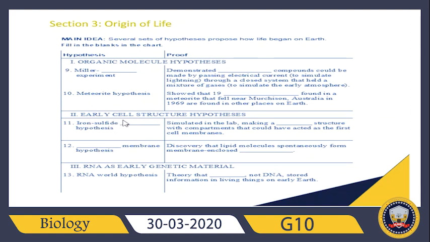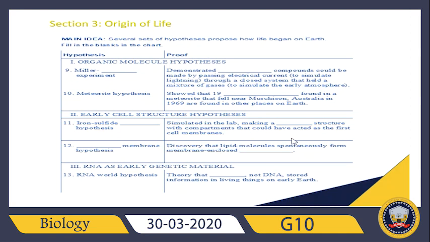So for iron sulfide bubbles hypothesis, simulated in the lab, making a chimney structure with compartments that could have acted as the first cell membranes. What about, guys, the lipid membrane hypothesis?